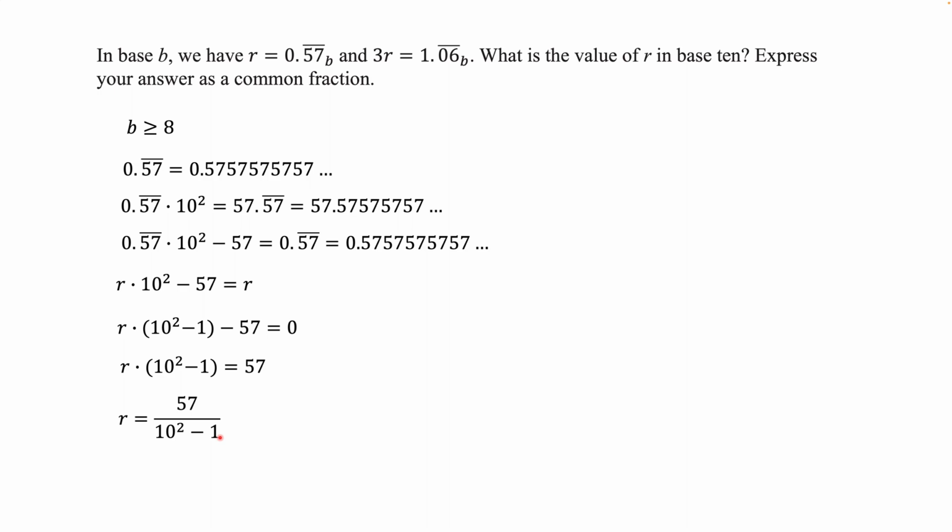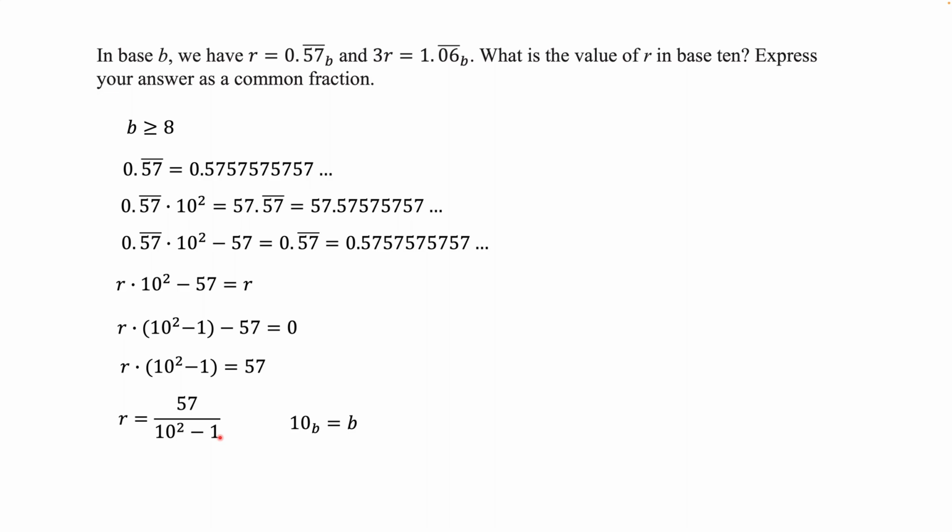So we start with 0, then 1, then 2, then 3, then 4, and so on, until we get B minus 1. And then, when we're done, we get the number 1, 0, and that number 1, 0 is going to represent B. So 10 in base B is B.